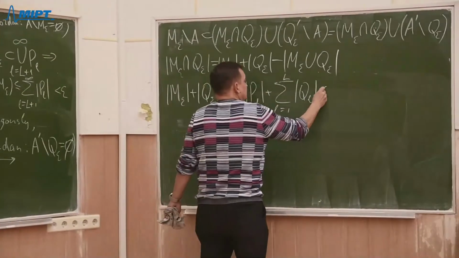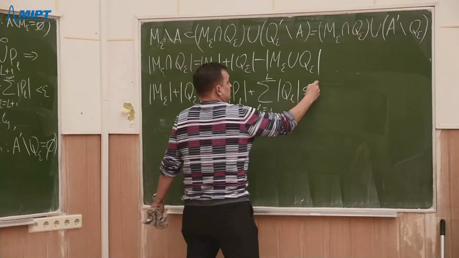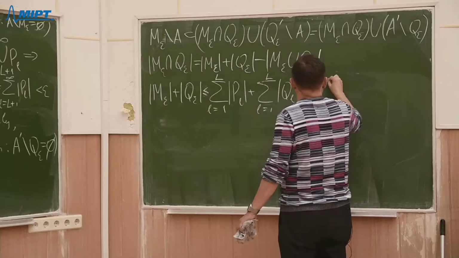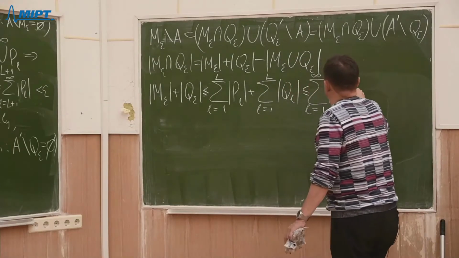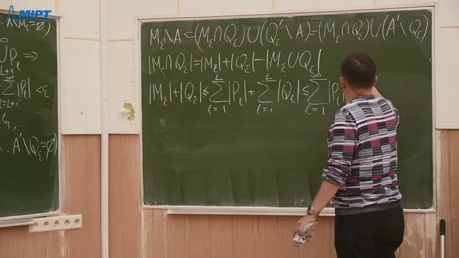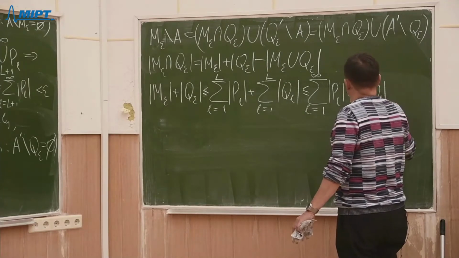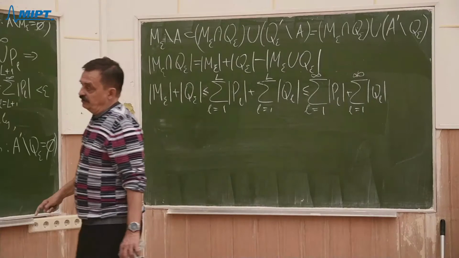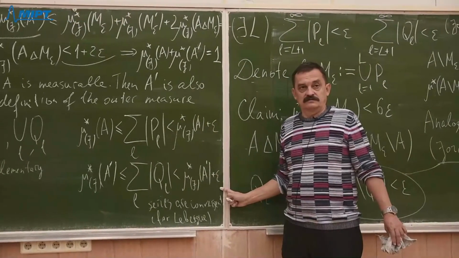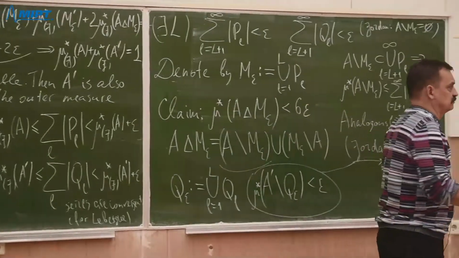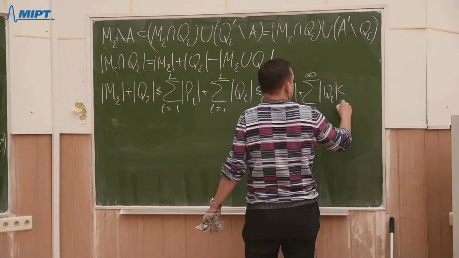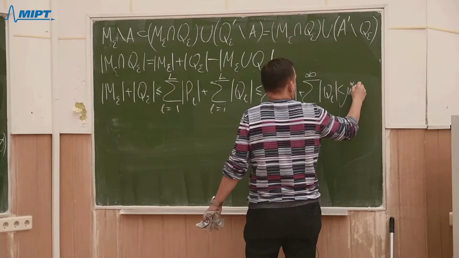Then here I can put even larger sums up to infinity. And those infinite sums are less than the sum of outer measures.